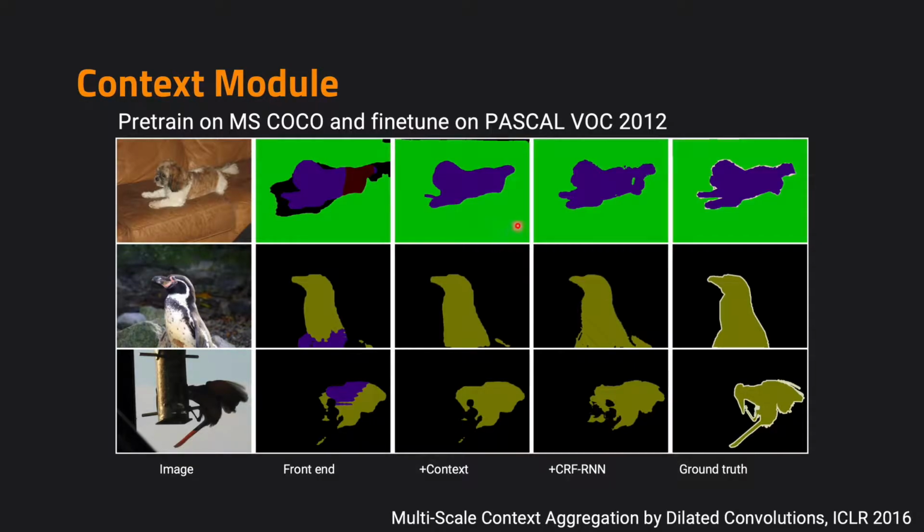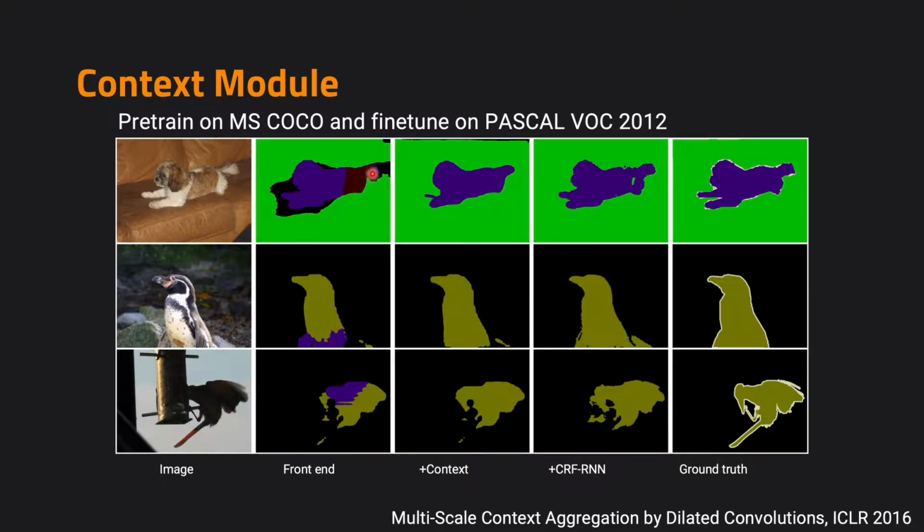And we find that this context module can effectively avoid some issues due to lack of context. For example, for this dog, if we only use the front end, the receptive field cannot cover the head of the dog, so when we segment the tail part, we do not know whether the tail belongs to a cat or a dog. It's very hard to tell.